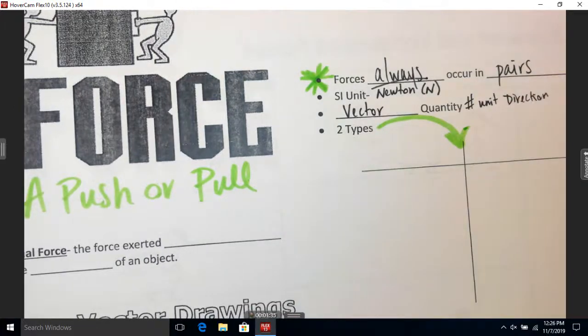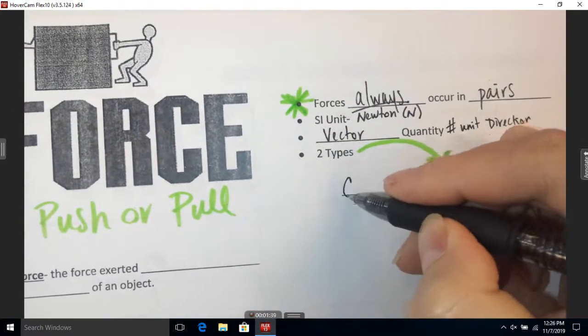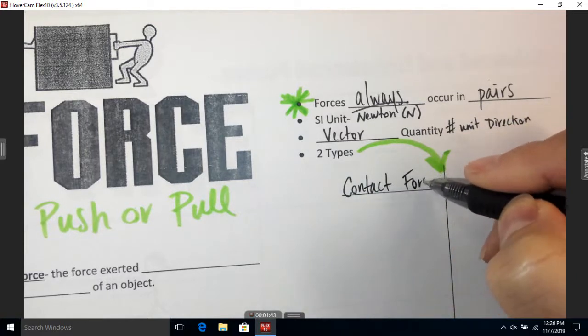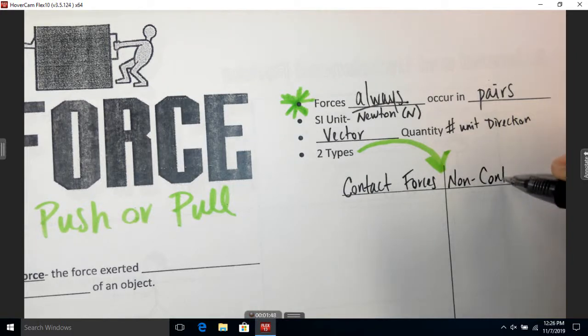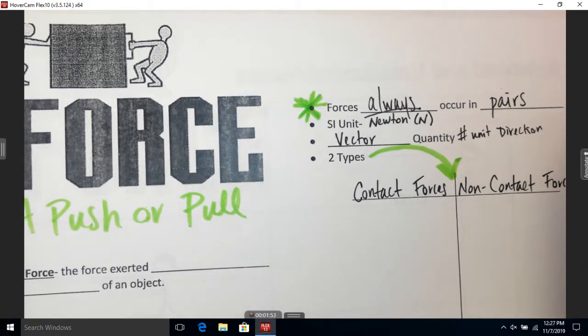Okay, we have 2 types of forces: contact forces and non-contact forces. What do y'all think that means?